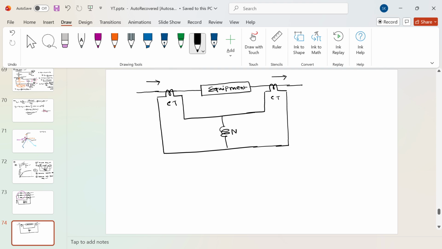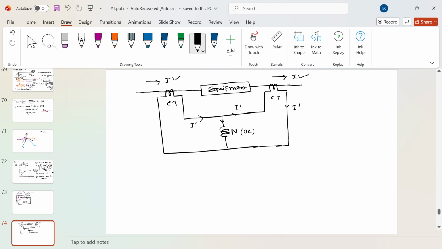So if there is no fault in the equipment and current I is flowing as the incoming current, the outgoing current will also be I. Because of this current I, I get a current I prime, and since the CTs are exactly matched and the outgoing current is the same, I get the same I prime here also. So the current flowing through the operating coil will simply be zero, and there will be no operation. No trip signal is sent to the circuit breaker.